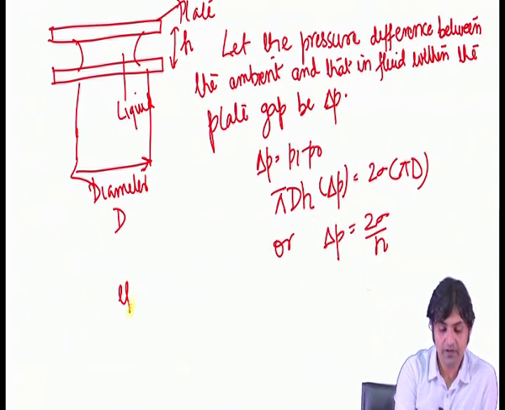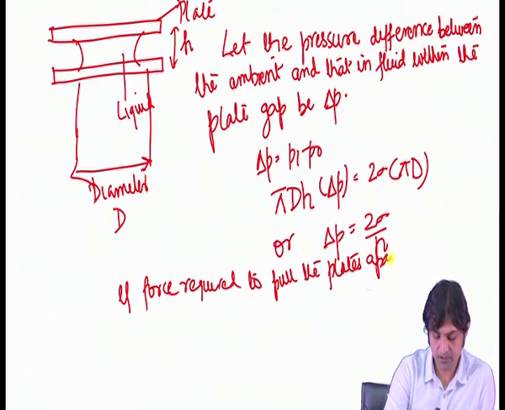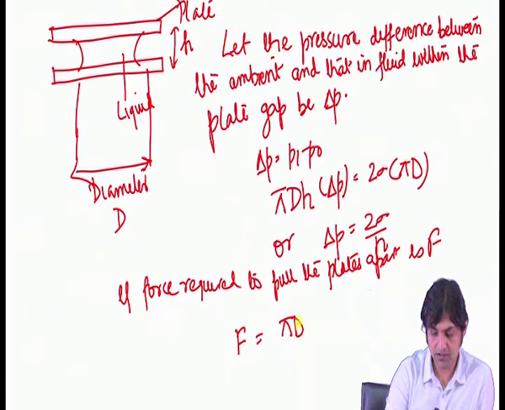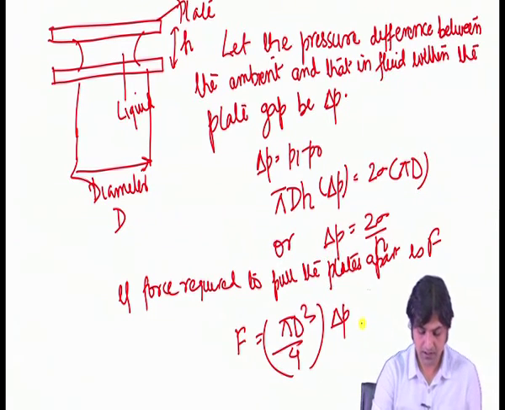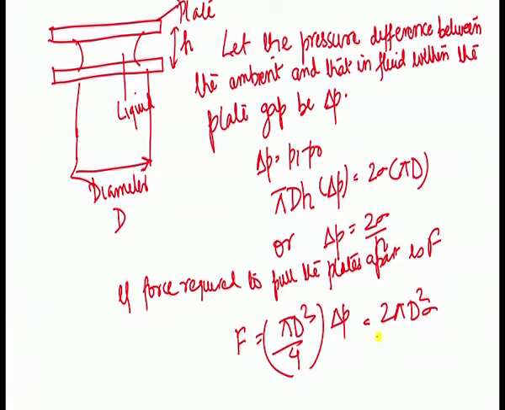So the force required to pull the plates apart, F, can be written as pi d square by 4 multiplied by delta P, right? And we substitute the value of delta P, or it can also be written as pi by 2 d by H sigma d.